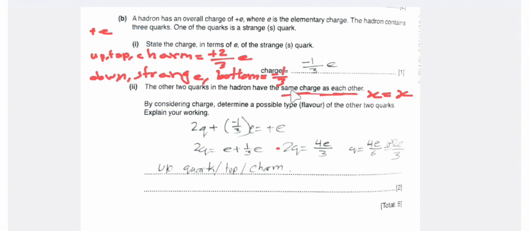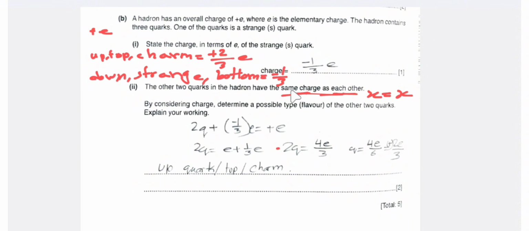Since the other two quarks have the same charge, we consider one charge as q, then the other charge would also be q.